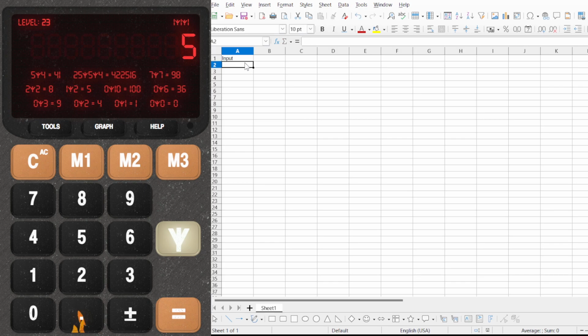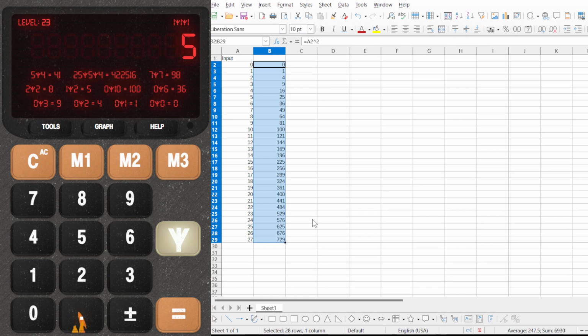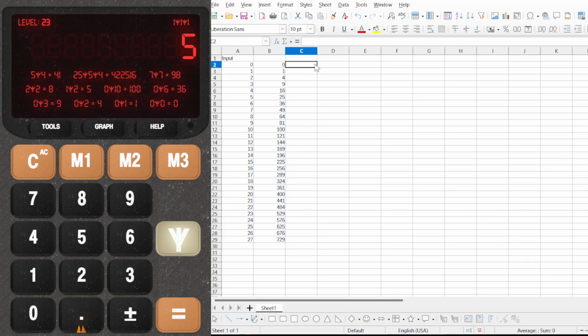Oh, it's lagging a little bit. Okay, it's back. 0, 1, and we're going to go up to 25, let's go for 26, 27. And this one equals this one squared. We're going to go like this, and perfect. Next, this one, input squared.